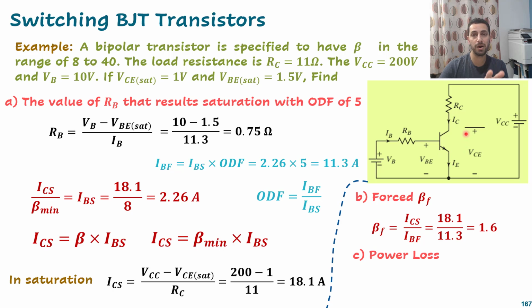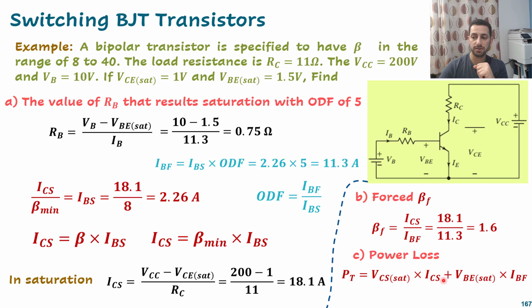So now the power losses will be the current going through that transistor through that route multiplied by that voltage, which is VCE sat, and also the current going through that route multiplied by the junction voltage, which is VBE sat. So the equation is VCE sat times IC plus VBE sat times IB, okay?